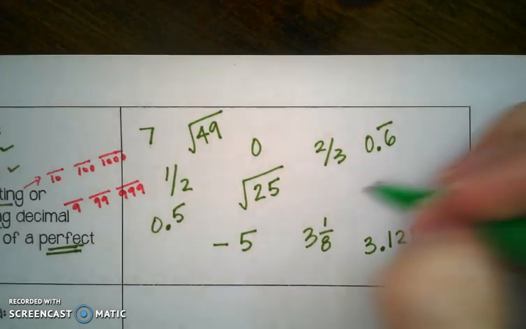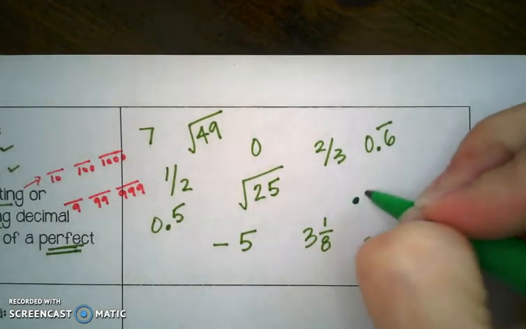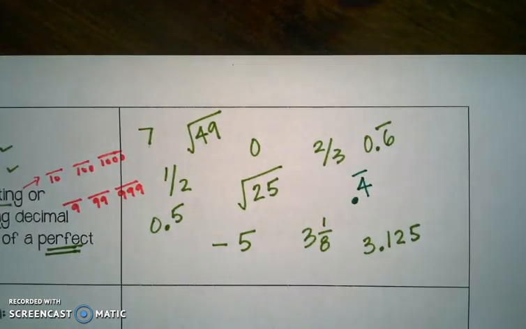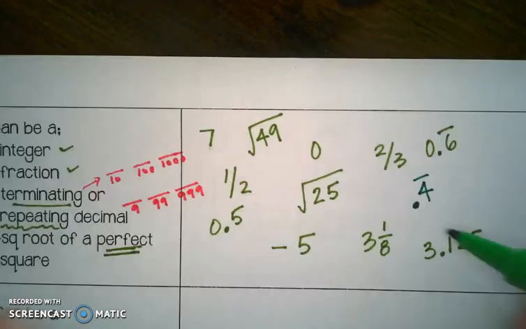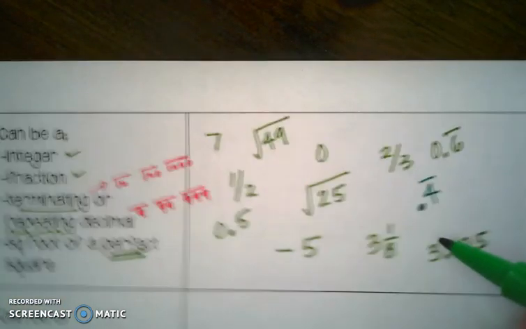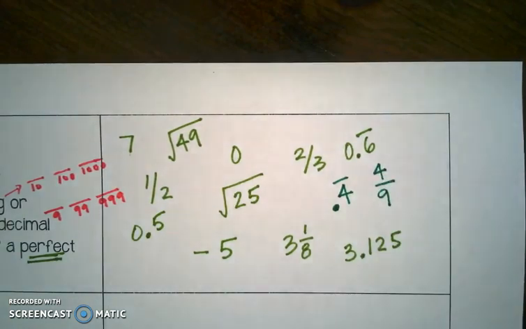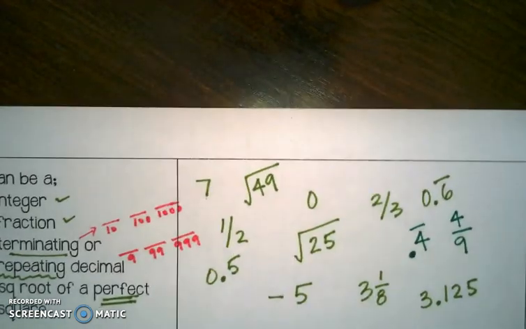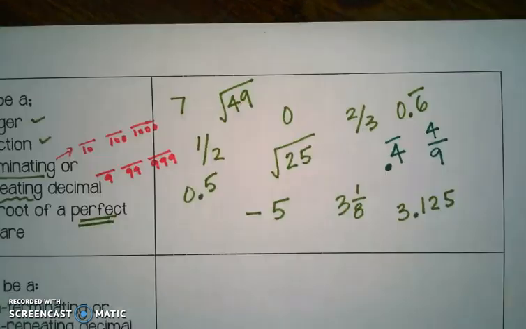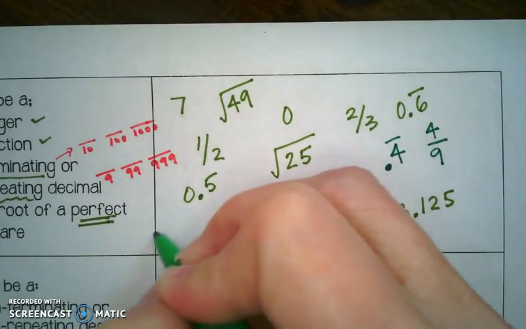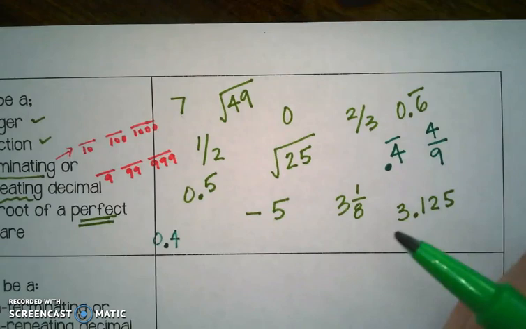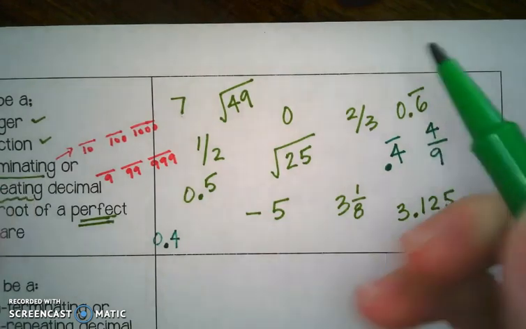So let's say we had 0.4 repeating, that is a repeating decimal. As a fraction, that would be 4/9. But if we had 0.4, that is a terminating decimal, so that's allowed.